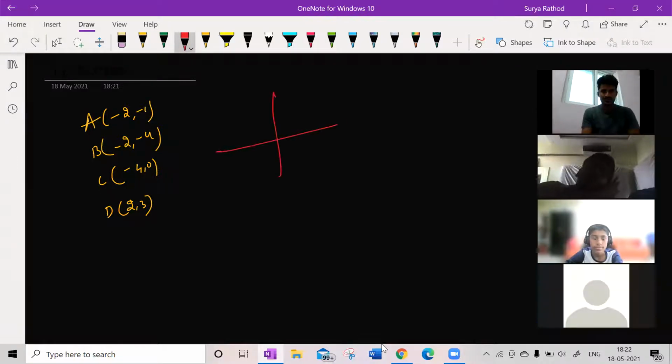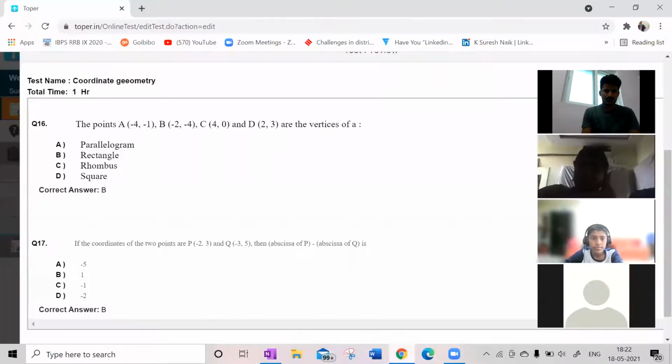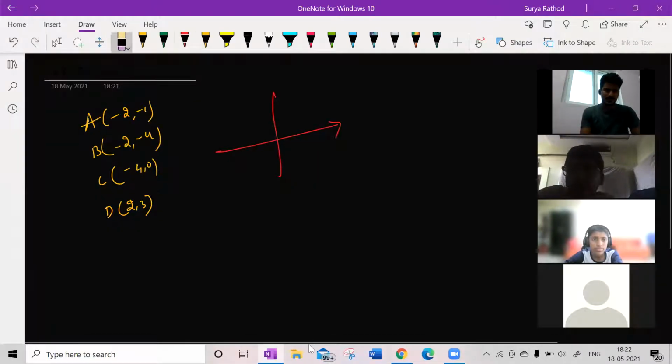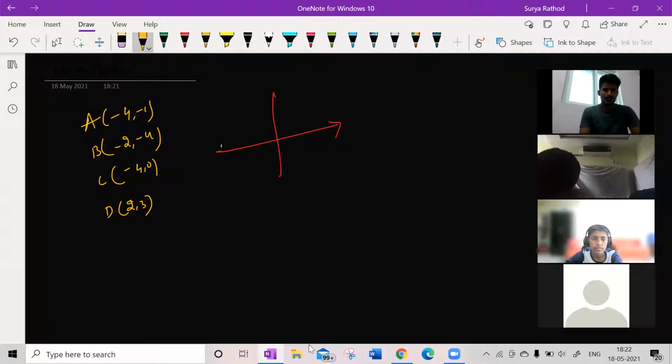Sir, A is wrong. It is (-4, 1), right? Yes, good. Chalo.